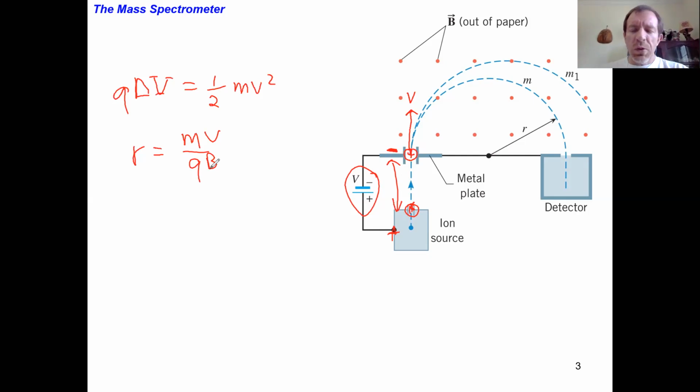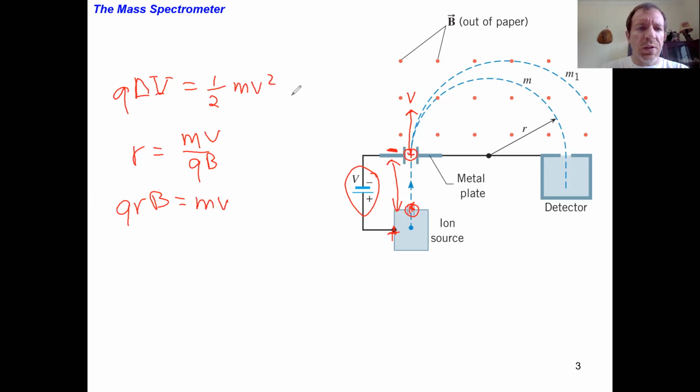Okay, so I'm going to rearrange this R equals mv over qB equation a little bit. Let's make it so that qRB is equal to mv. Why did I do that?